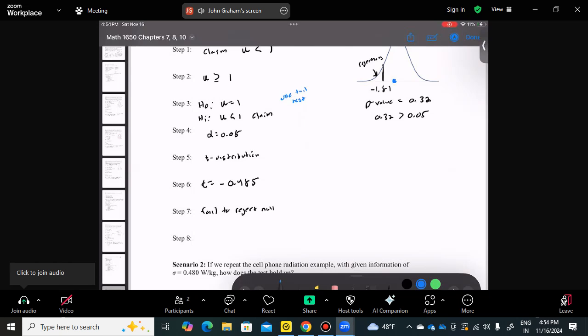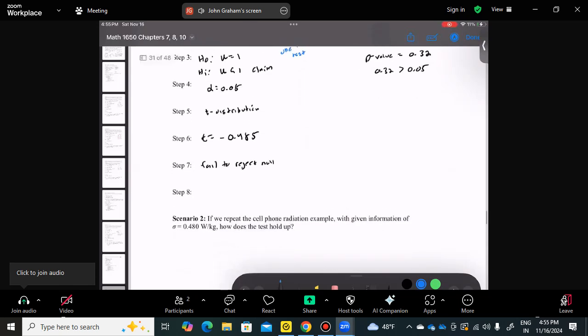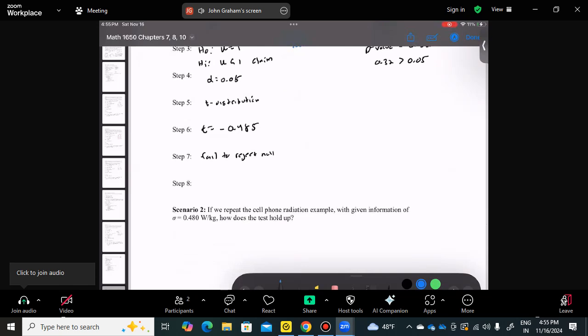So we do not have evidence to support the claim that cell phones have radiation levels less than 1 W per kg.